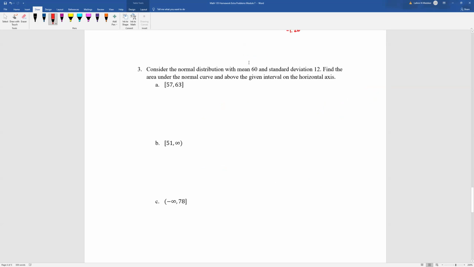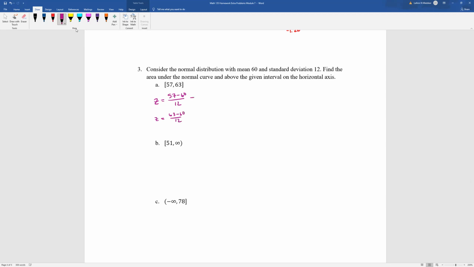So we'll have to find their z-scores. If I need to use two different endpoints, I'm going to need two different z-scores. So 57 minus 60 divided by 12, and 63 minus 60 divided by 12.